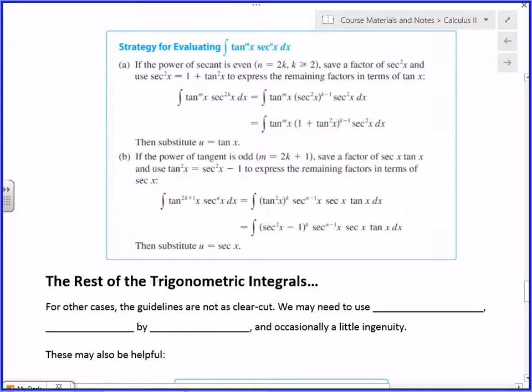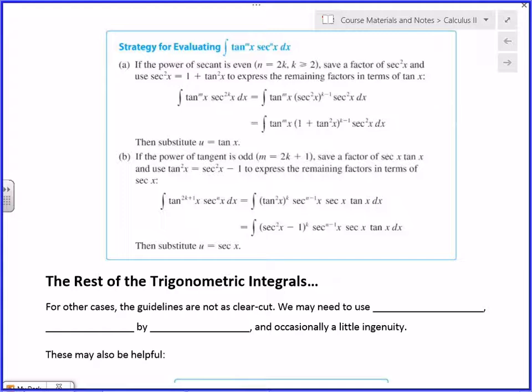So, if the power of secant is even, then save your secant squared, turn the rest into tangents. If the power of tangent is odd and you have a secant, then save a secant tangent and turn the remaining tangents into secants. And then do the substitution, u equals secant.